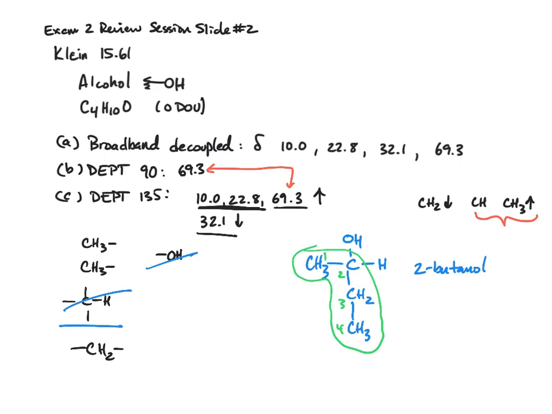Quick question on that specifically. It gets the number because of the alcohol, right? Yeah. I think I've said this to a couple people. In Western philosophy, we're taught to read left to right, and that's how you would read that name, 2-butanol.